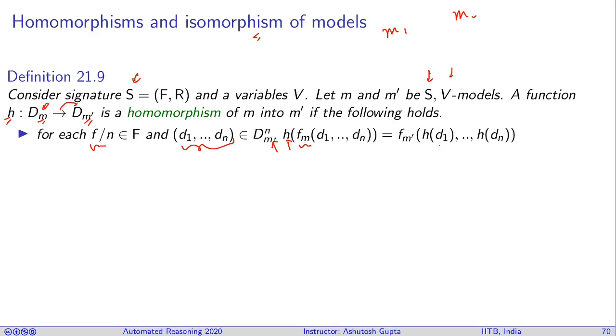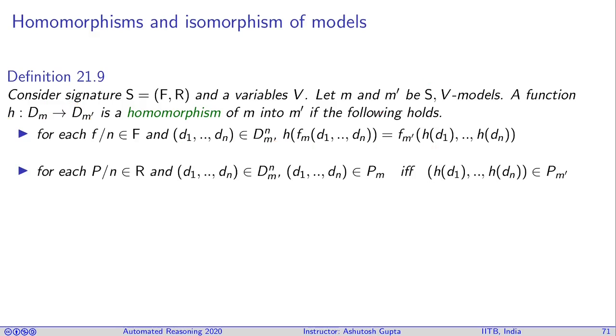First we take my elements in M space and bring them to M prime space, and then apply the model of f in M prime space, and we get a value in the M prime space. So this also produces a value in M prime space, and this also produces a value in M prime space. And if they are always equal, then the homomorphism function is giving me the evidence that function f behaves exactly the same way in model M and M prime.